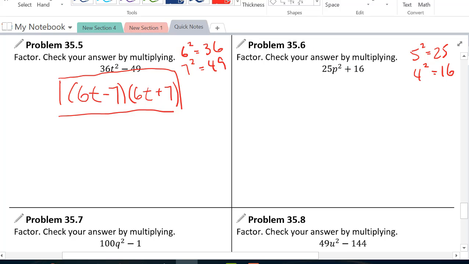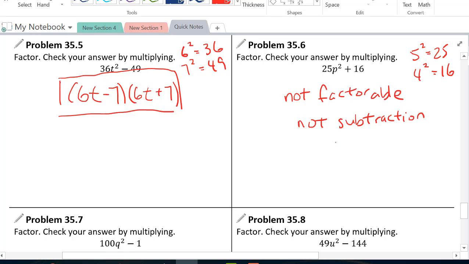The third condition says it must be subtraction. Well, what is this one? It's addition. So is this factorable? No, it's not. This is a tricky one. This one is not factorable. Why not? Because remember, it's not subtraction.